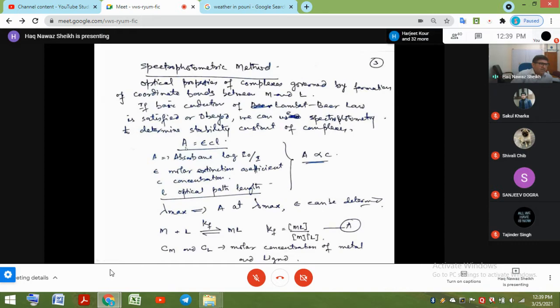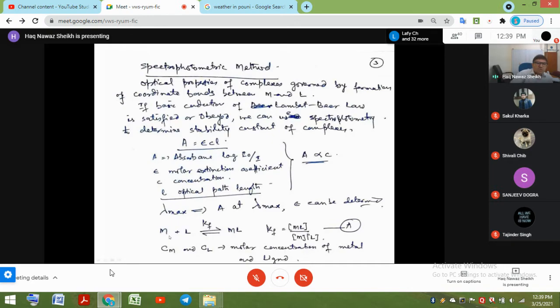Concentration units are moles per liter, so I can write liters per mole per centimeter, because it is 1 by concentration into L. So A by Cl. The concentration units are moles per liter, so it becomes reciprocal, liters per mole, and centimeter inverse, because centimeter is the unit of the length, right?